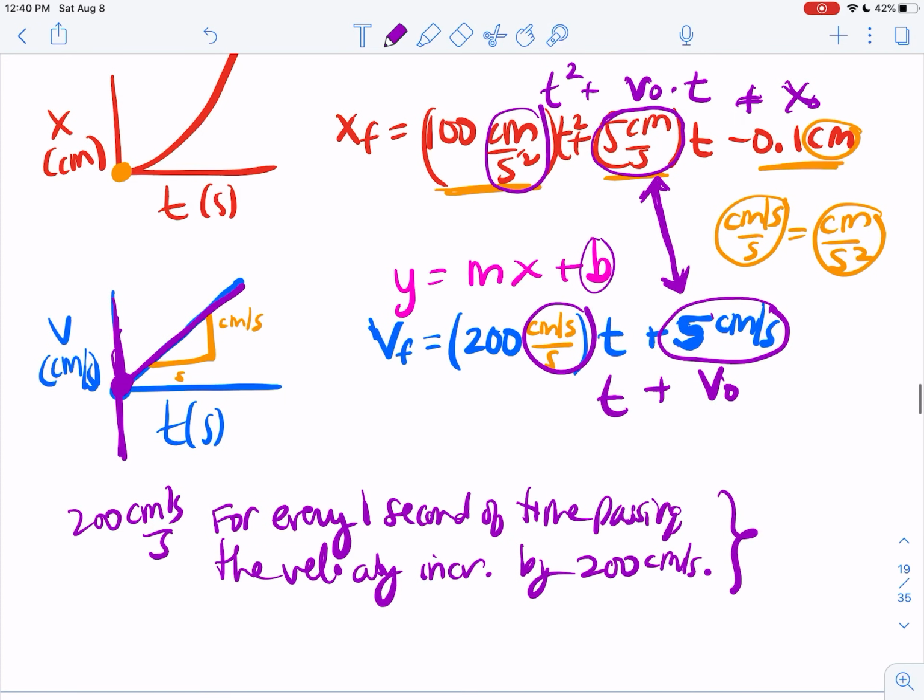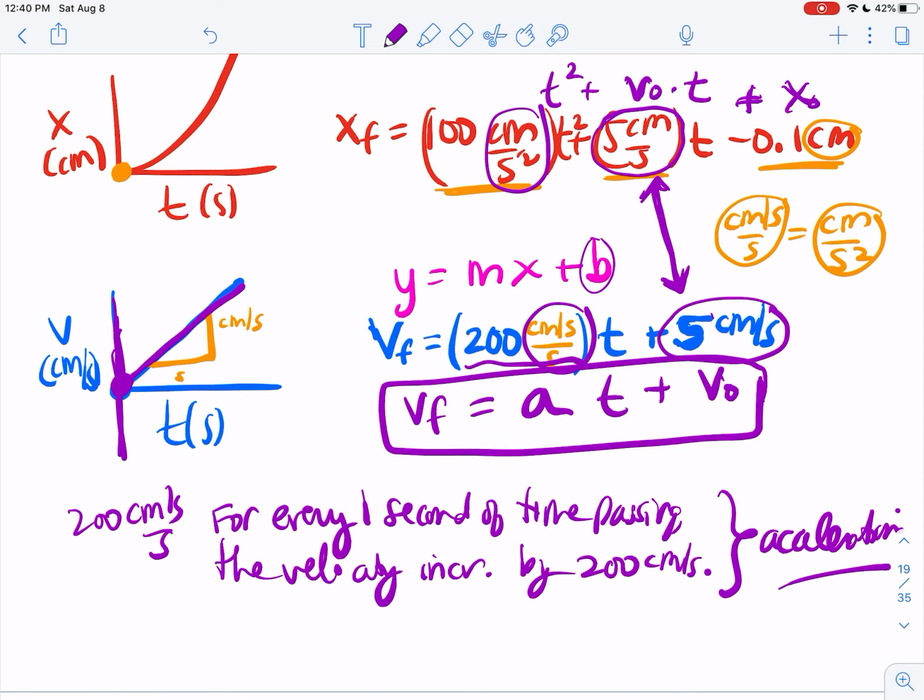This is what we call acceleration. It's how much the speed is increasing over time, so this number here is telling us the acceleration.